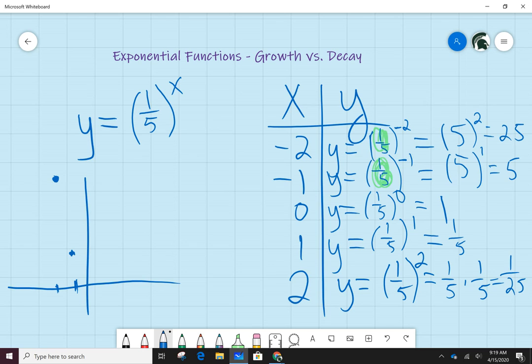When we have a power of 0, that's here on the y-axis, we get a 1. When we have a power of 1, we have 1/5, which is really close to 0. And when we have a power of 2, we get even closer to 0. So you can see it drops as we increase. It drops towards 0, doesn't touch it, as we move to the right with our exponents.